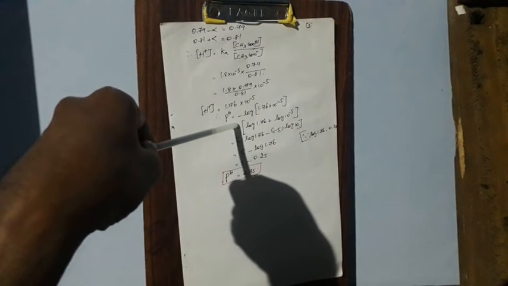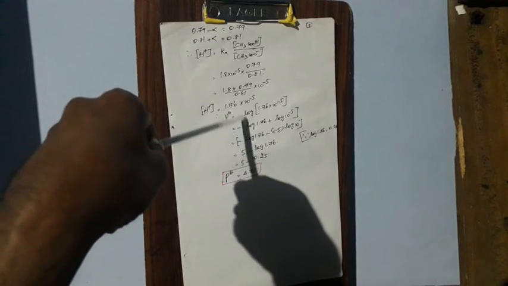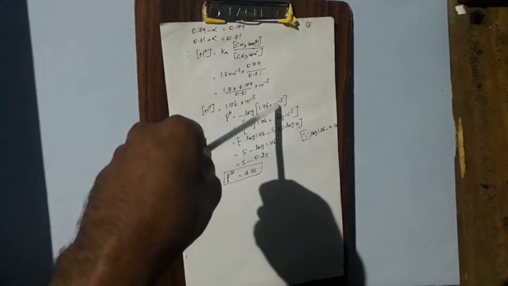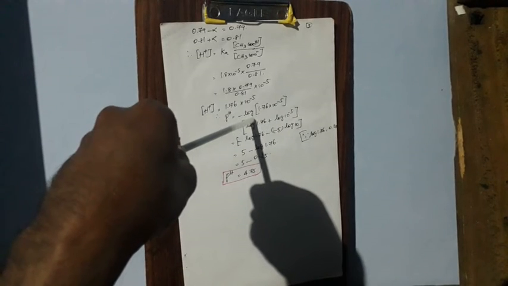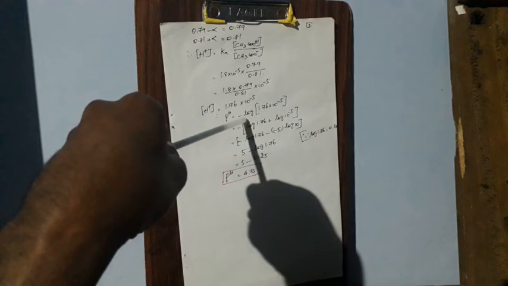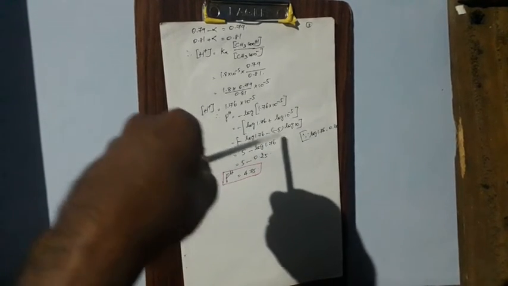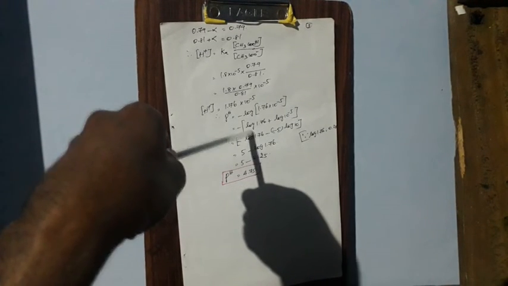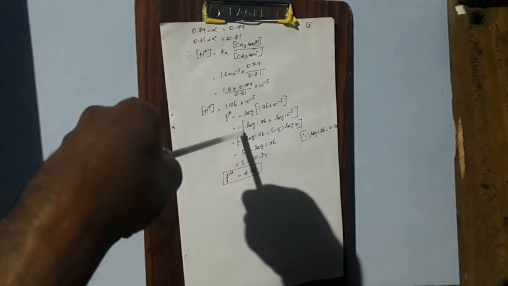Next we find the pH value. pH is equal to minus log H plus concentration, which is 1.76 into 10 to the power of minus 5. Split the log: minus log 1.76 plus 10 to the power of minus 5, multiplying inside the bracket.